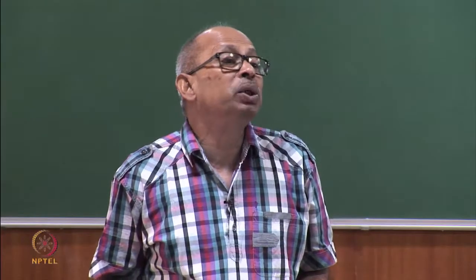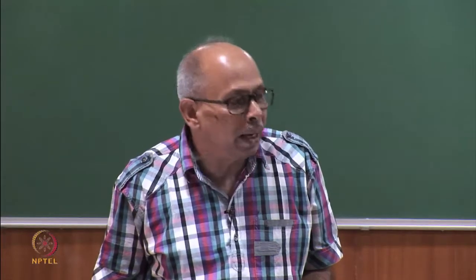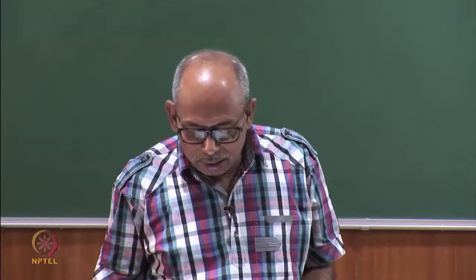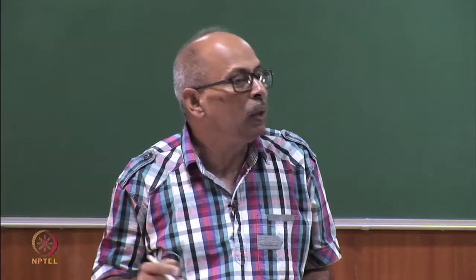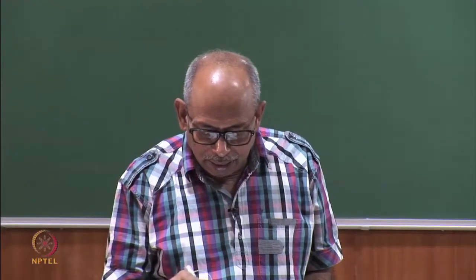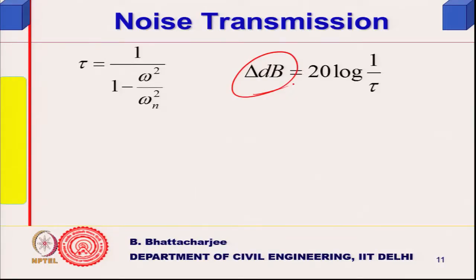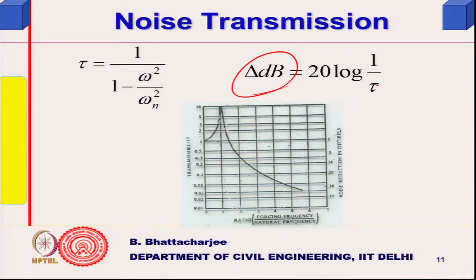because 10 log pressure square was there. So, 10 log force square. So, here 20 log 1 over tau will be the delta dB, 20, because we are talking in terms of force, like pressure square was there. So, force would also be squared. So, 20 log 1 by tau, and this will be delta dB. So, you can see that if these two are the same, then tau becomes infinity.